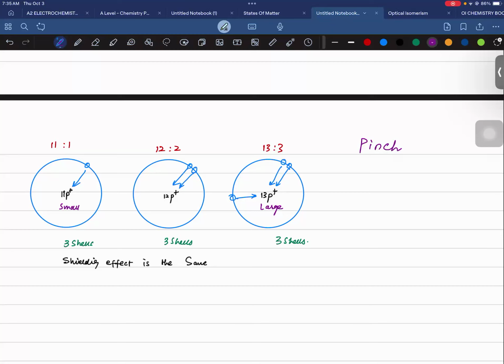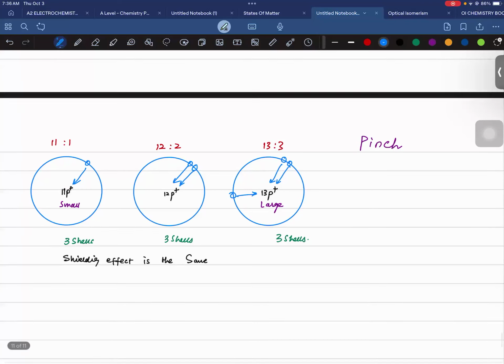When the number of outer electrons and the number of protons in the nucleus increase, the attraction increases, so the electron comes closer to the nucleus. Ultimately the size is going to decrease. Are you getting my point? Yes or no? Yes, sir. Now I got it.